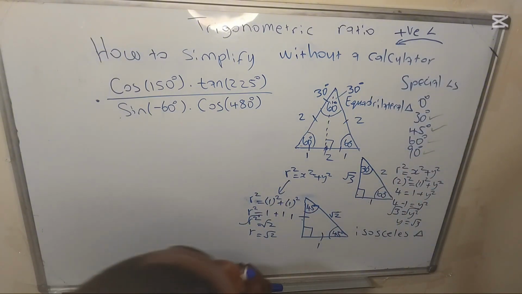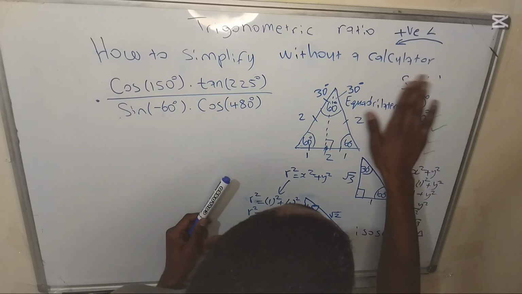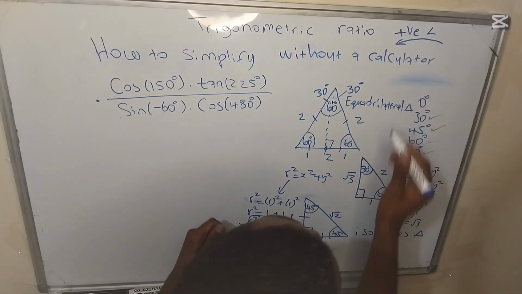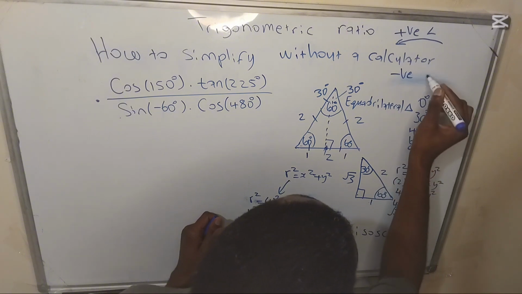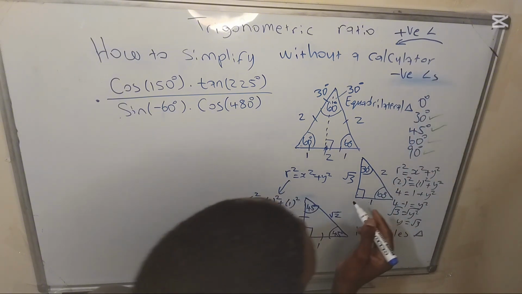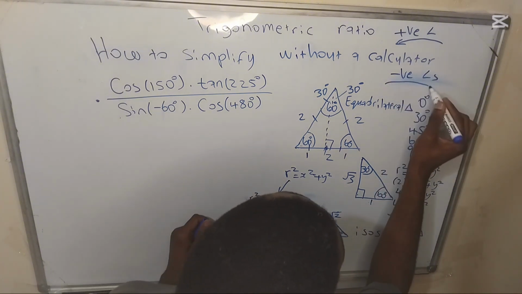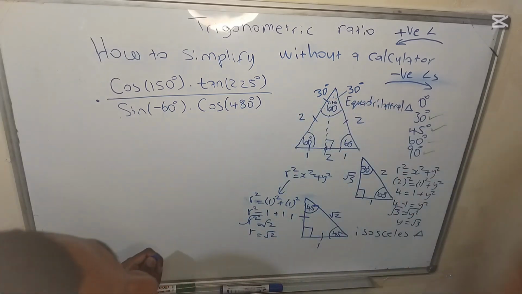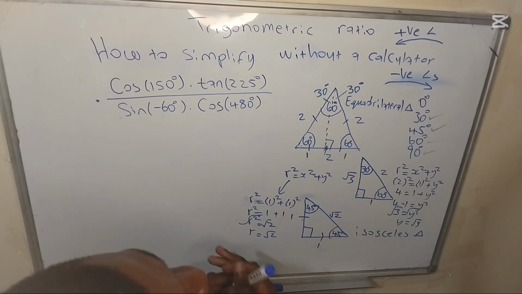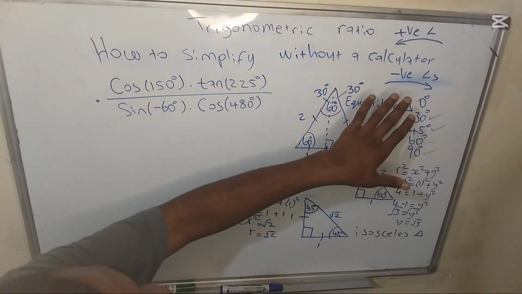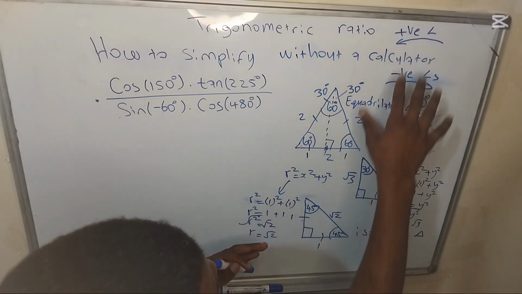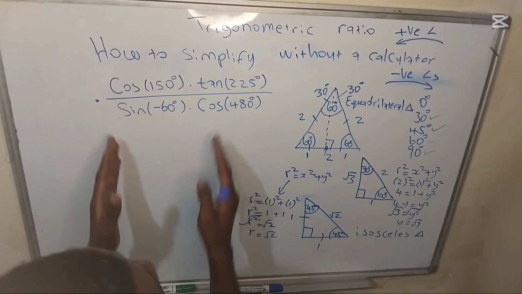But negative angles go clockwise, meaning that they move with the watch. But positive angles oppose the movement of the watch. So guys, let's use this whole information to simplify our expression.